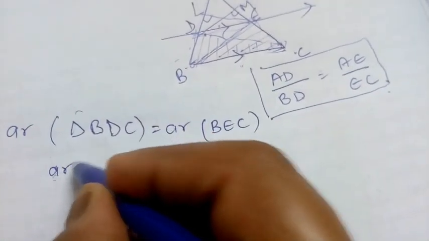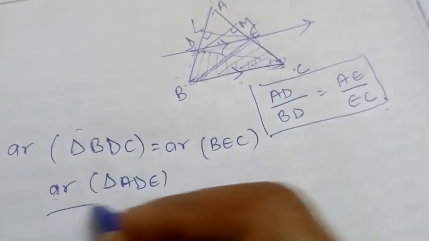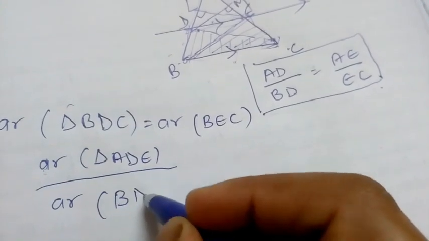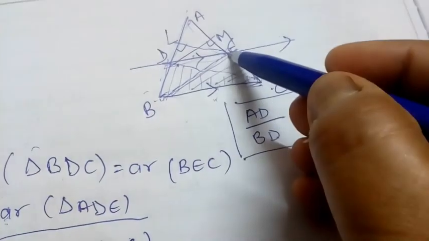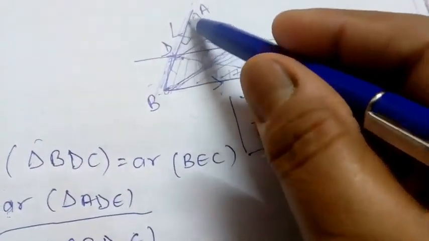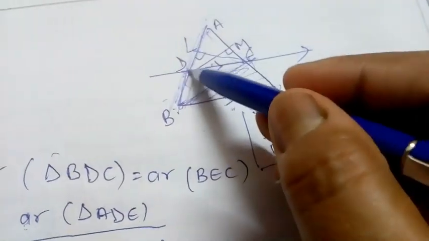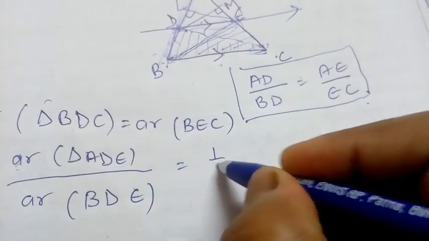Next, we take the ratio of the areas: area of triangle ADE to area of triangle BDE. ADE and BDE lie on the line AB. Area of a triangle is 1 by 2 base into height.